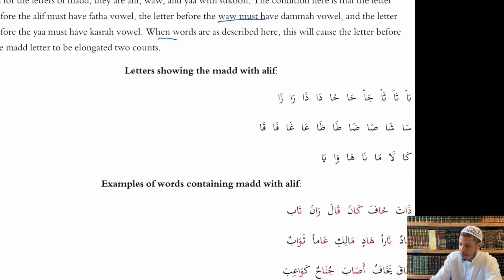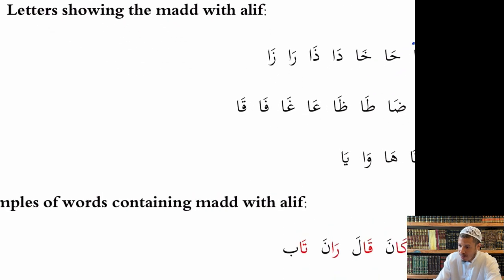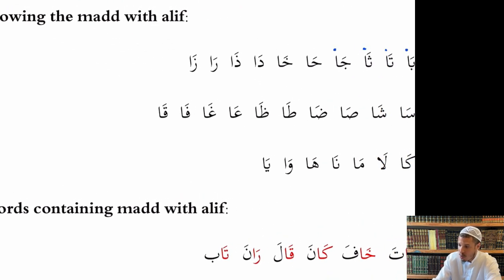So let's make it big, just to make it easy. If we had ba fatha, we know this is ba. If we had ta fatha, we know this is ta. If we had tha fatha, we know this is tha.